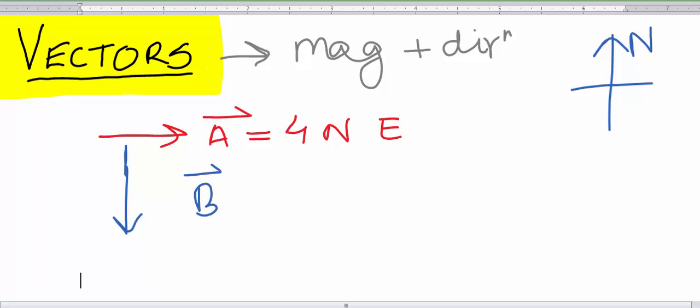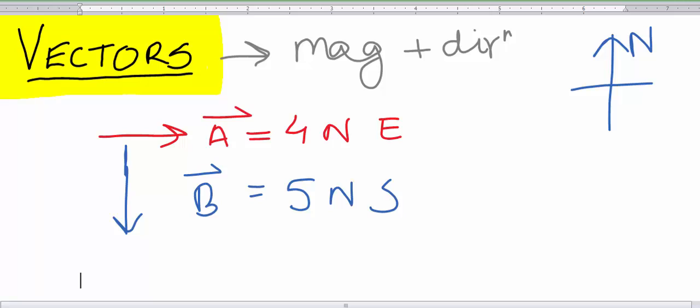Suppose b vector is 5 Newton towards south. This is also a force vector. So you see both the magnitude as well as the direction of the two are different. Hence a and b are unequal vectors.